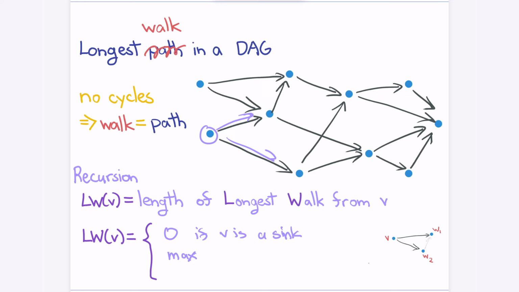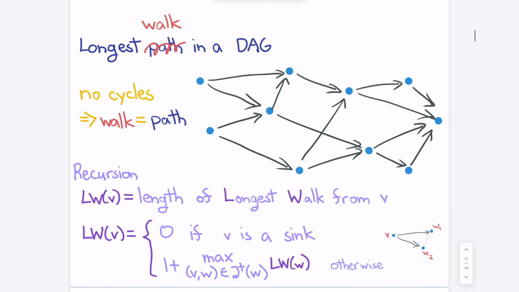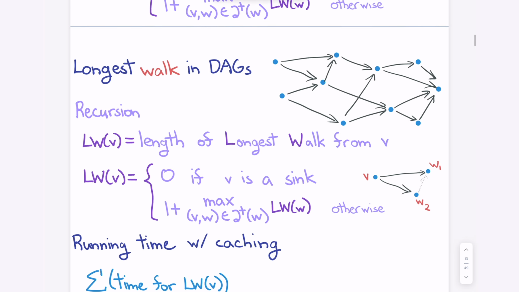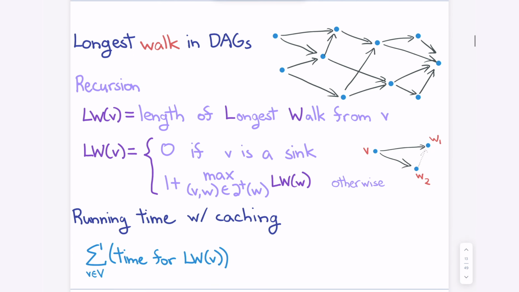So maybe I'll write max over all edges (V, W) in E of 1 plus the longest walk from W, right? Okay, simple enough. So that would be such an algorithm. Now, what would be the running time? Right here, I'm just summing up the running time for each subproblem.